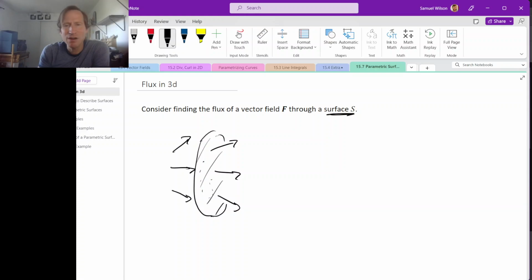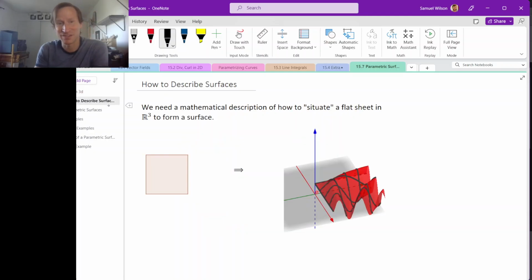So to talk about flux integrals in 3 space, we need to be able to work with surfaces. But we haven't actually worked with surfaces very much in 3 space, so we need to back up a step. Before we talk about flux integrals in 3D, first we need to talk about surfaces.